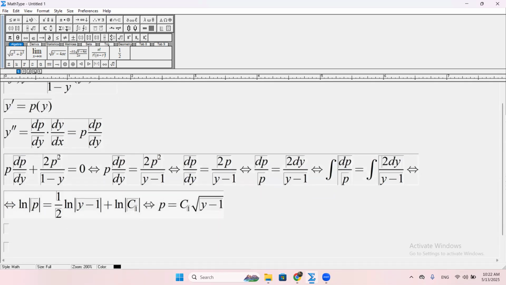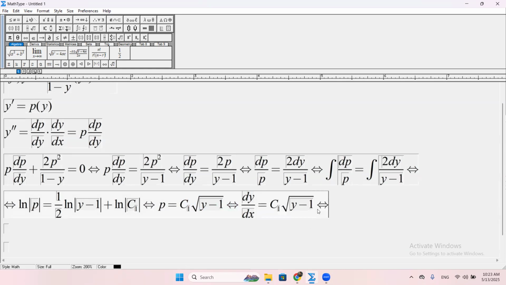And now let's remember that p is a derivative of y. So let's substitute dy over dx equals this expression. So now we can easily integrate.